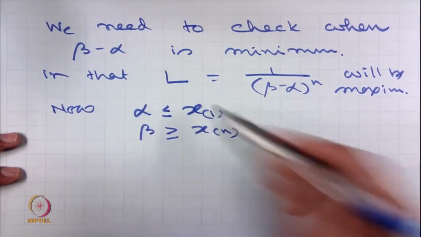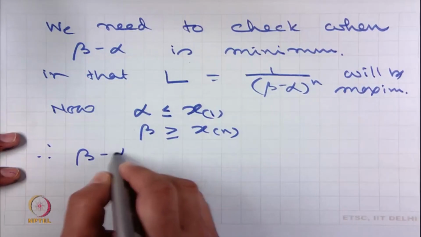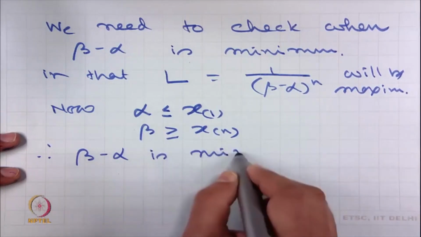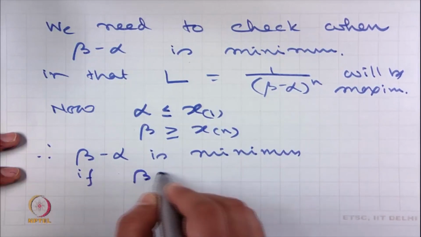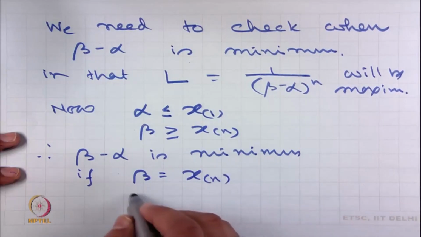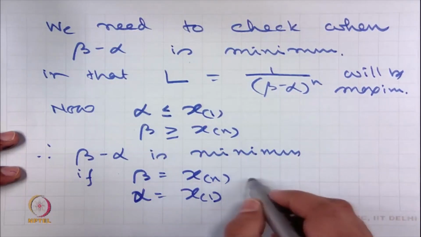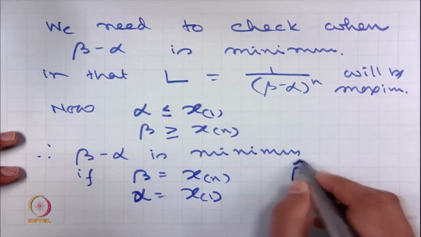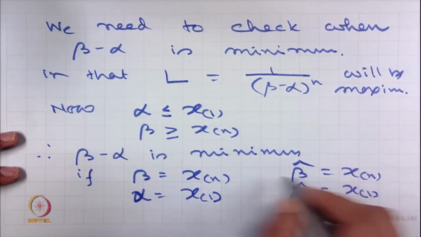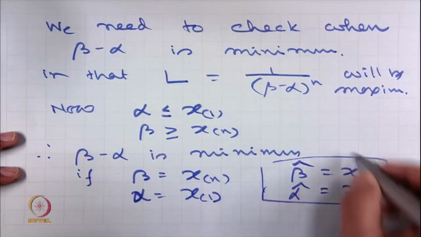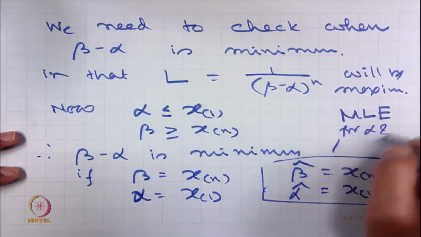This is the first order statistic, this is the nth order statistic. Therefore, beta minus alpha is minimum if beta is equal to x n and alpha is equal to x 1. Therefore, x n is the beta hat and x 1 is the alpha hat. These are the MLE for alpha and beta.